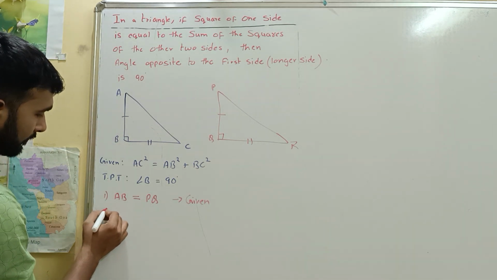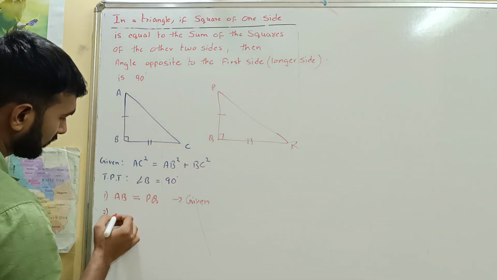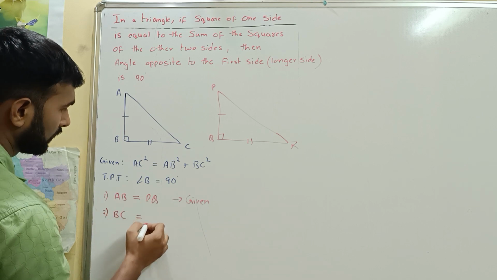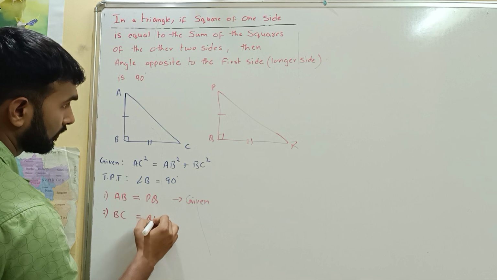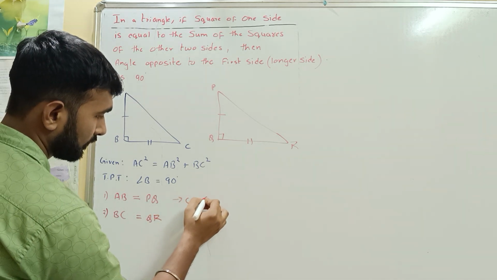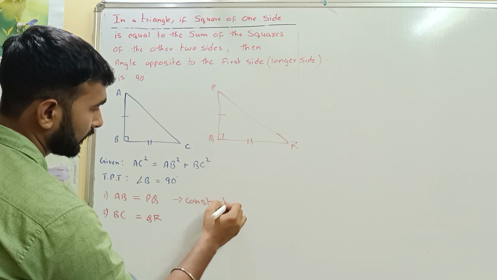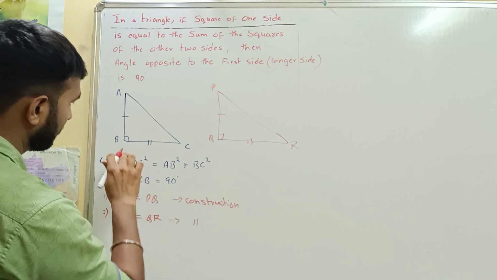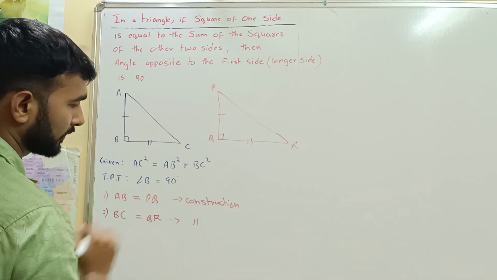Second step is BC is equal to QR. Right? So we'll write here construction, because we constructed this triangle. And here also the same reason, BC is equal to QR by construction.